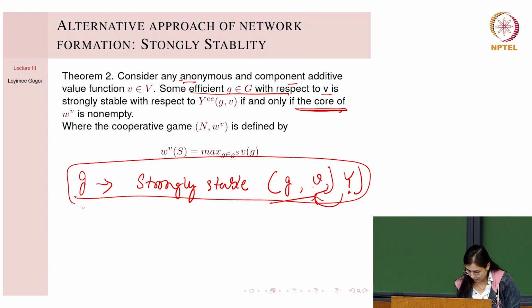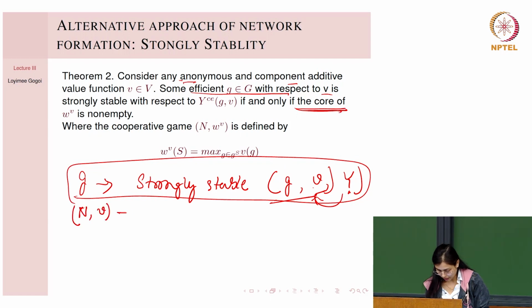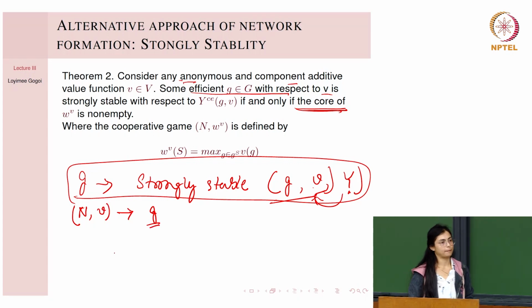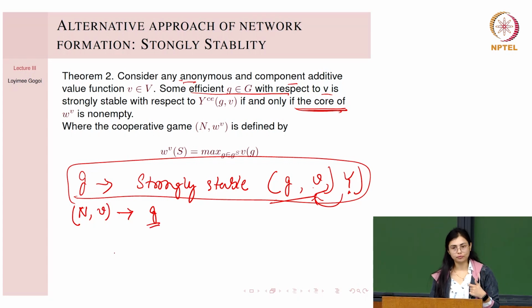So suppose this is my N, V, and Z is the network structure, that is my network game. On this network game, how am I going to define the cooperative game?